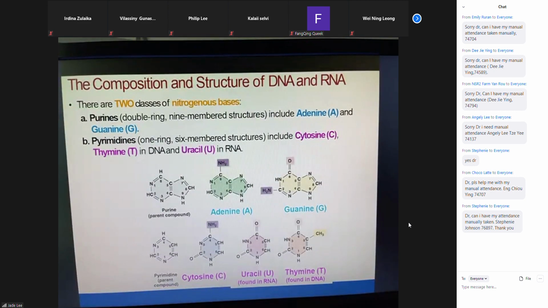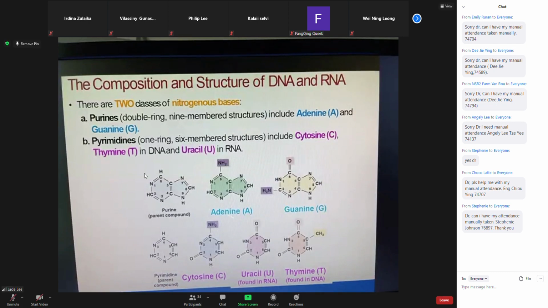If you look at adenine here, carbon 6 is replaced by an amine, NH2, whereas in guanine it is replaced by oxygen, and in guanine the H2N is attached to carbon 2.